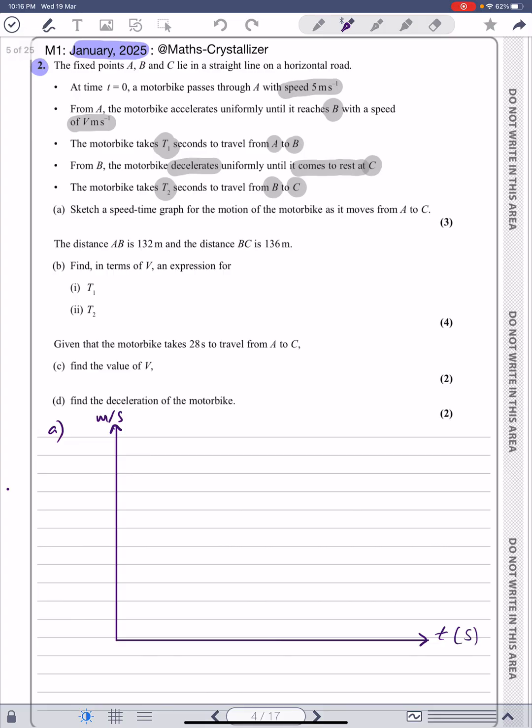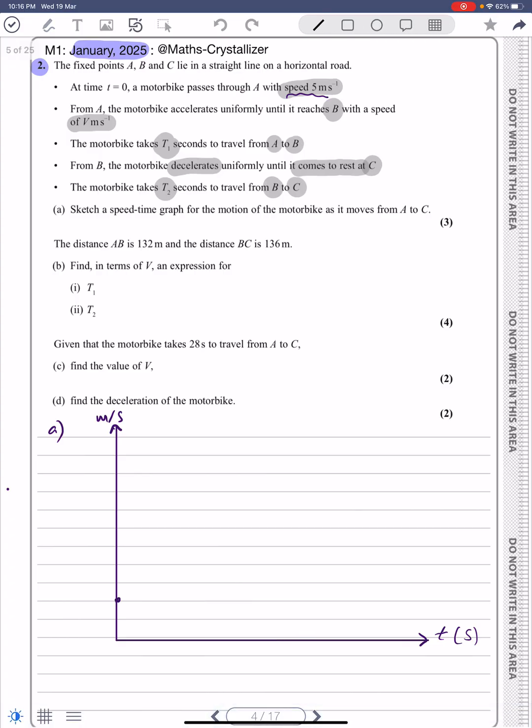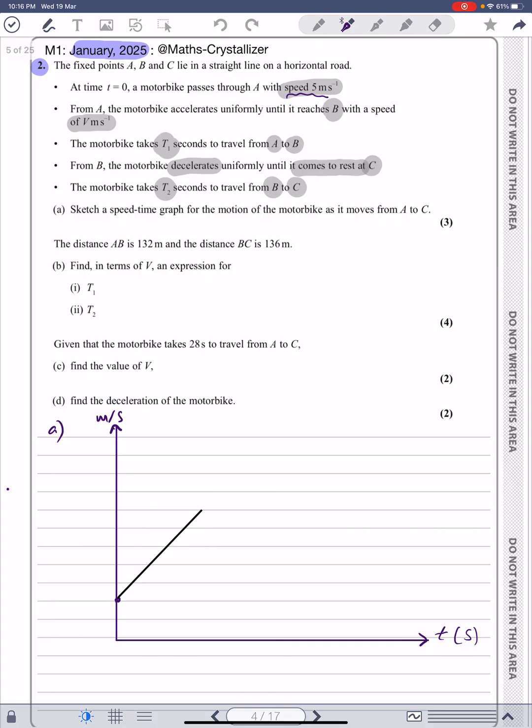The question says at time 0 it passes with a speed, so we'll start from a point here, for example, then accelerates from A. So that will happen till it reaches speed V. So this one here is 5 meters per second. This is V.